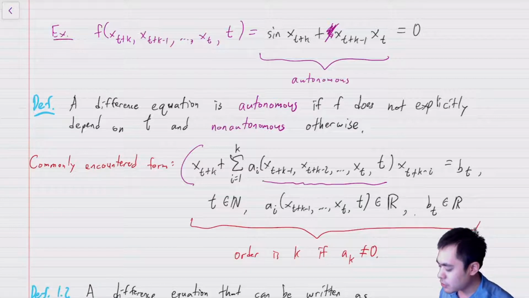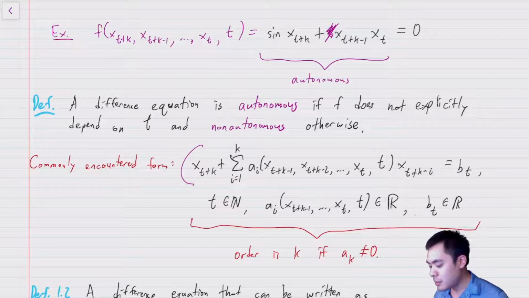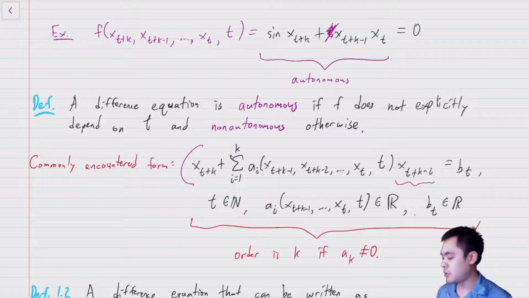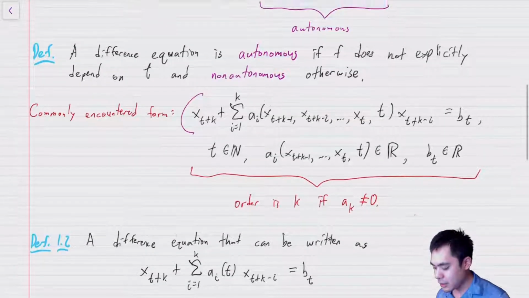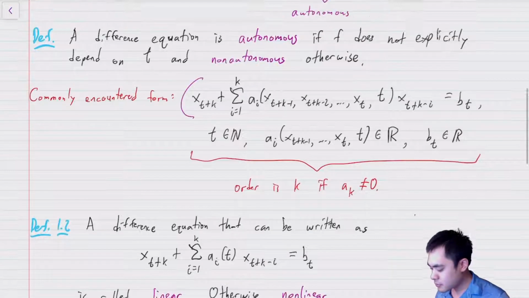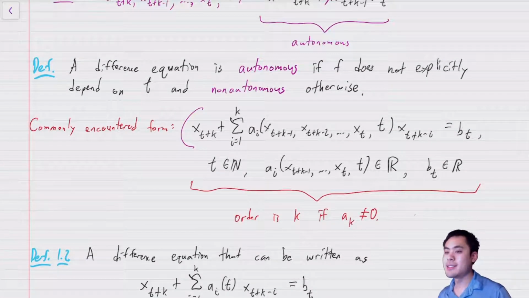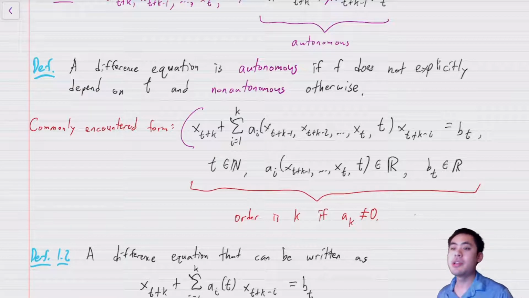We multiply those coefficient functions by a copy of the various other state variables, and we set that equal to b sub t, where b sub t is an element of R. So that depends only on time and doesn't depend on any of the state variables.